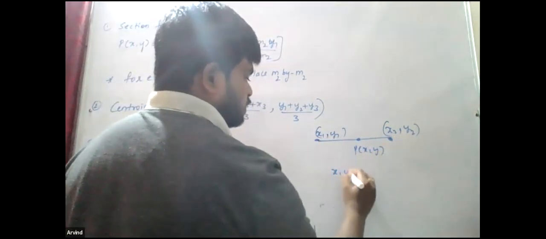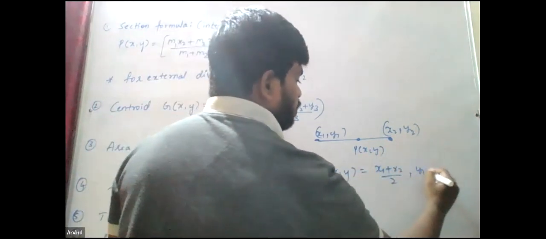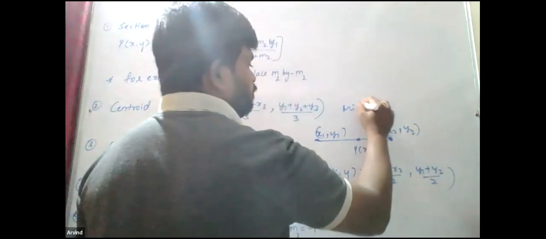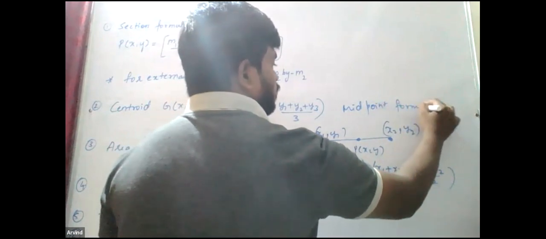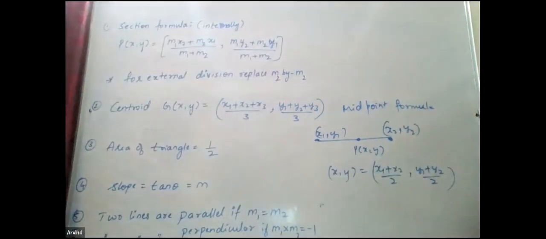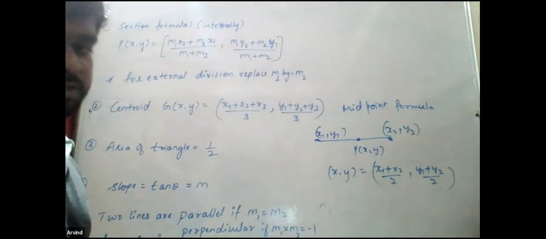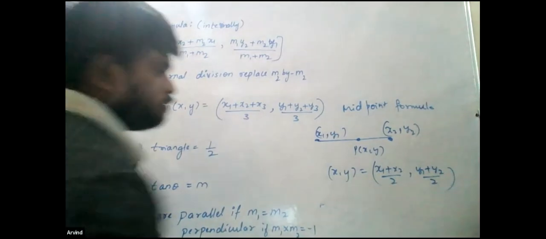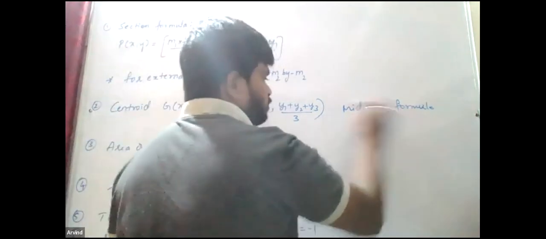So the midpoint is given by the formula x1 plus x2 divided by 2, comma y1 plus y2 divided by 2. That is your midpoint formula. So you must note it down somewhere as I'm doing it, otherwise you won't remember it.